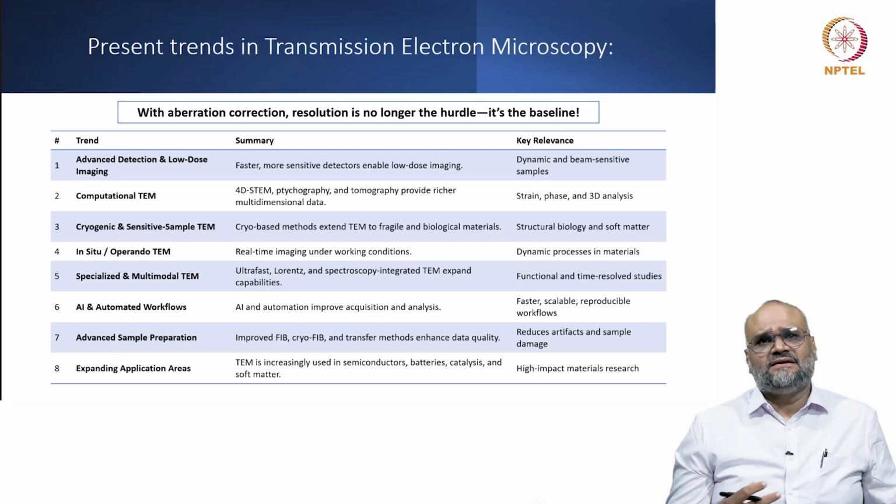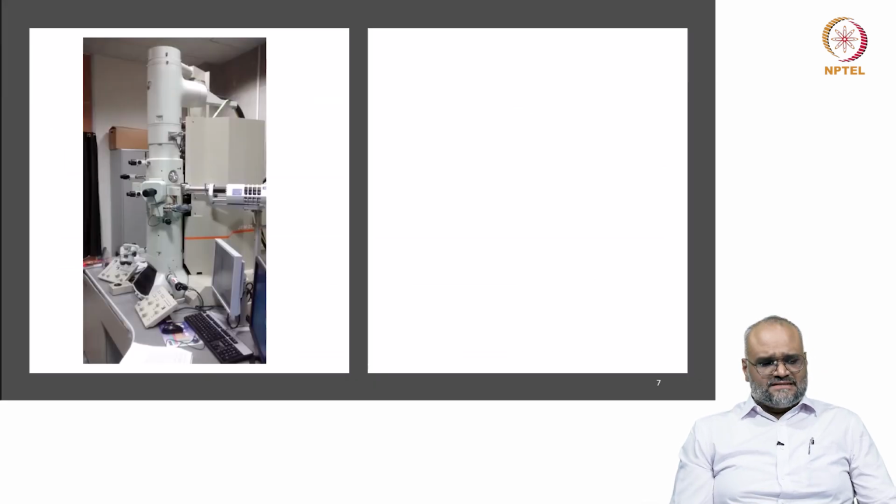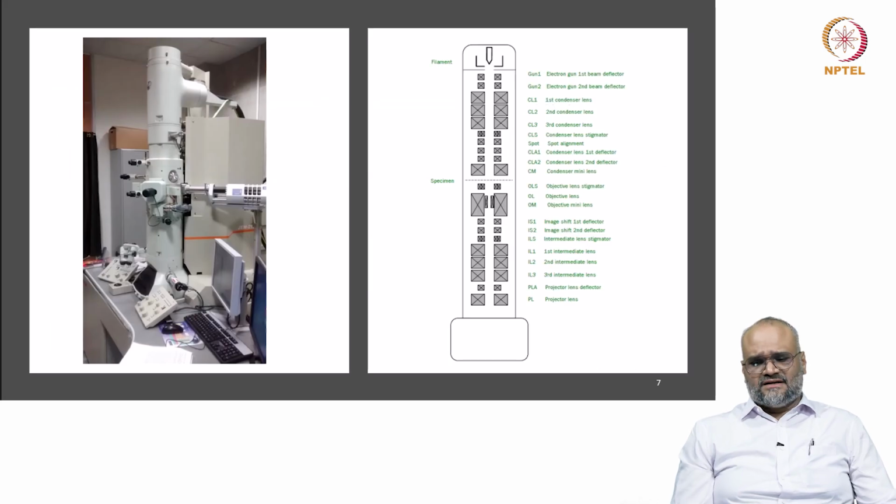So let us look now at the construction of a microscope and recollect some of the concepts that we learned through the course. Here is how the microscope layout looks like, and here is your ray diagram or a schematic of the microscope. There is a series of condenser, objective, and projection lenses, and you have several deflection coils.